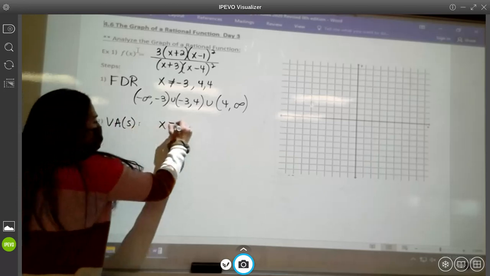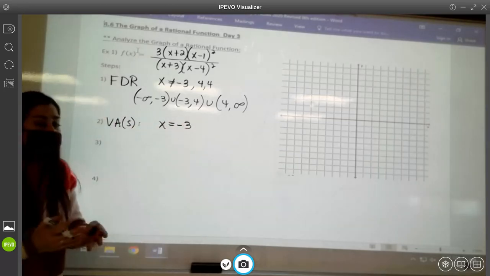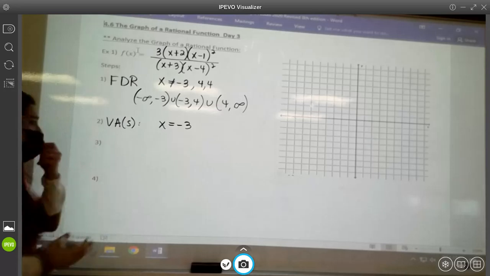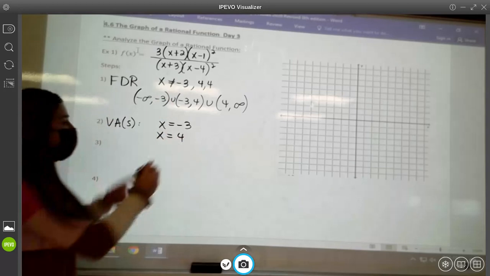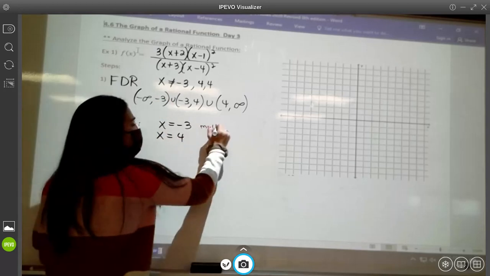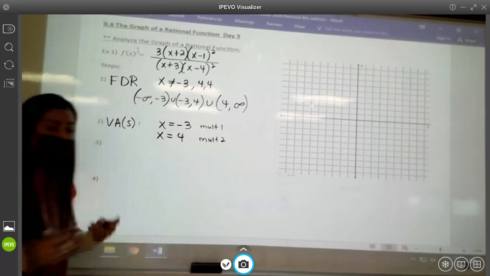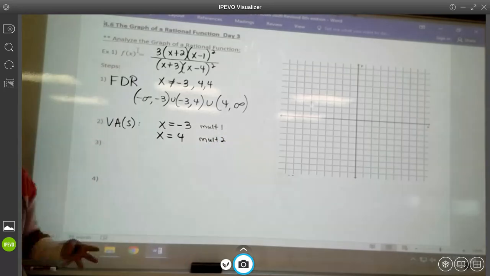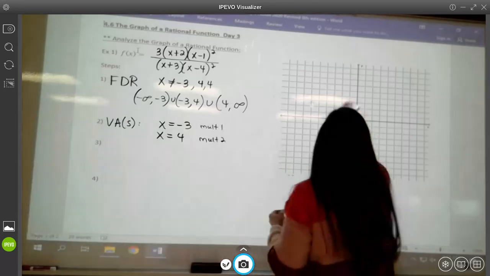So I'll have a vertical asymptote at x equals -3 because my graph cannot exist there. It's an x value that I'm not allowed to plug into this function. And I'll have one at x equals 4. But remember, the factor for -3 had multiplicity 1, and this one had multiplicity 2. So again, that is a clue about what's going to happen around that vertical asymptote. Let's put them on the graph.